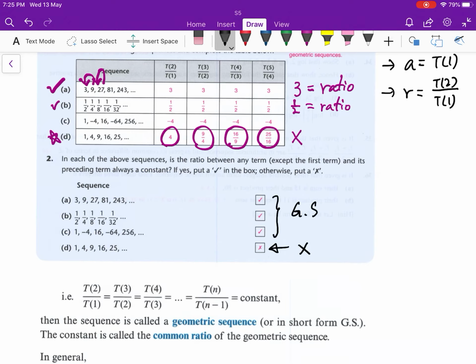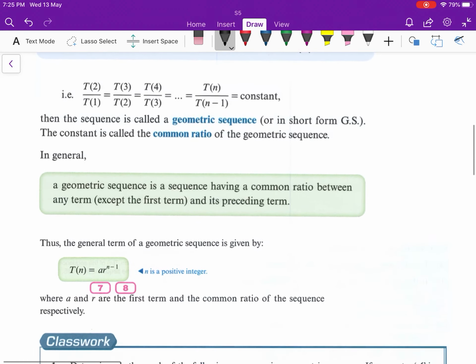So now you understand what is GS, right? How can we define GS? We use the next term divided by the previous term. If they have a common ratio, we can define it as a geometric sequence, okay? The short name will be GS, okay?